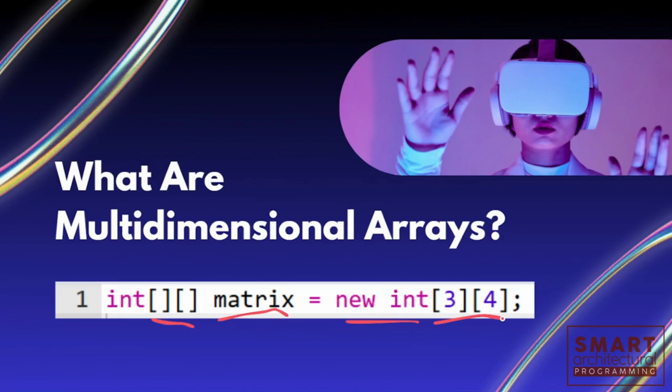This basically creates a 2D array with 3 rows and 4 columns. As you can see, rows come in the square brackets first and columns come after. Think of it as a 3x4 grid, where each element is accessed using 2 indices, matrix with 2 square brackets, telling us exactly which row and which column we need to access.